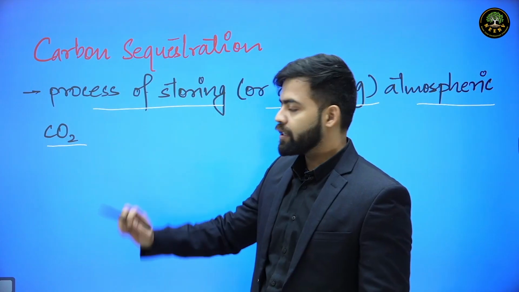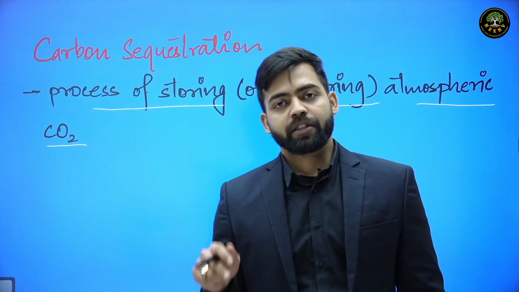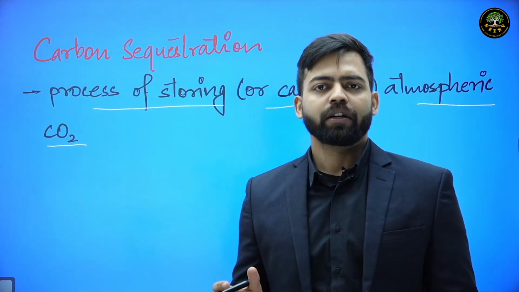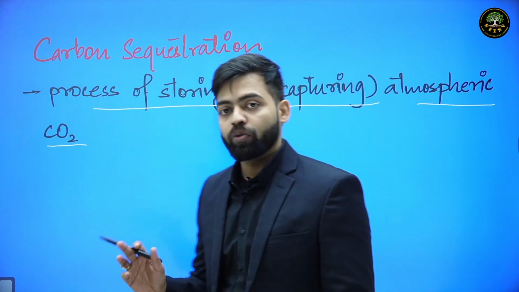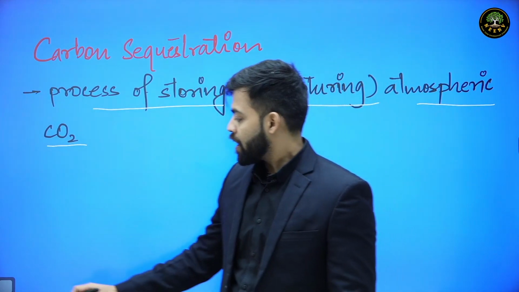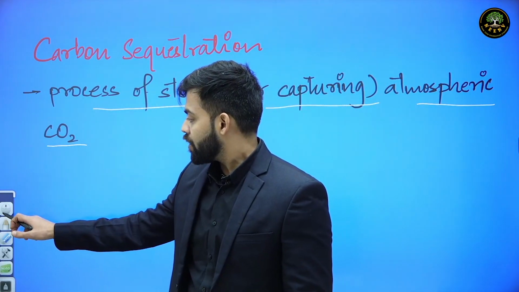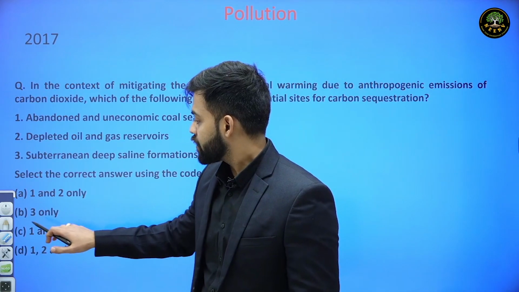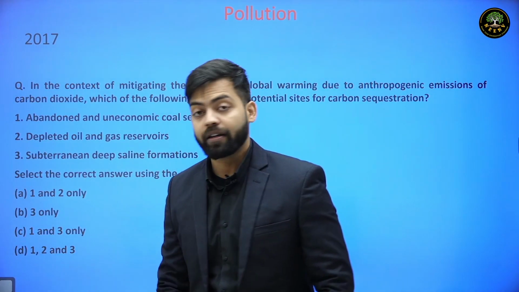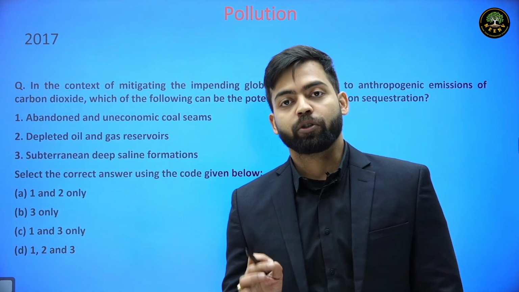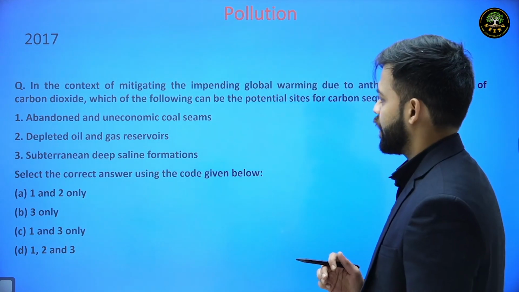This atmospheric CO2 can be either injected into the coal seams or abandoned coal mines, or into oil reservoirs, or forests and wetlands can act as natural sinks for atmospheric carbon dioxide.